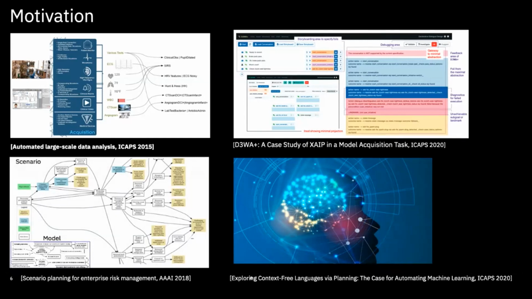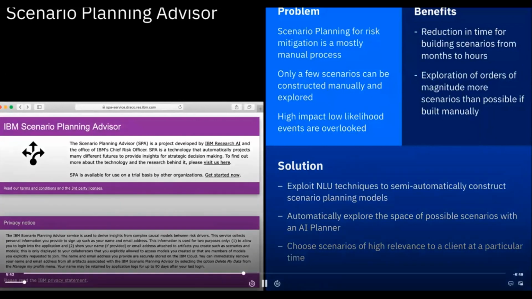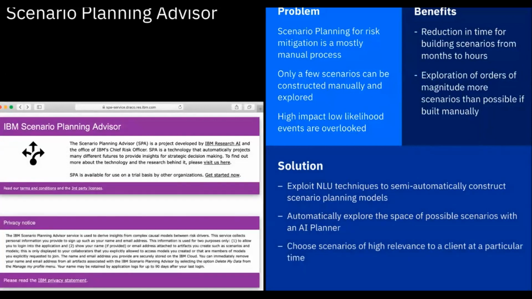Now, to motivate this talk further, I'll briefly drill down on one of the applications, that is the left down project. That's the scenario planning problem. So what is scenario planning? Scenario planning is a commonly used enterprise risk management technique facilitating decision makers in formulating long-term plans by considering multiple alternative futures.